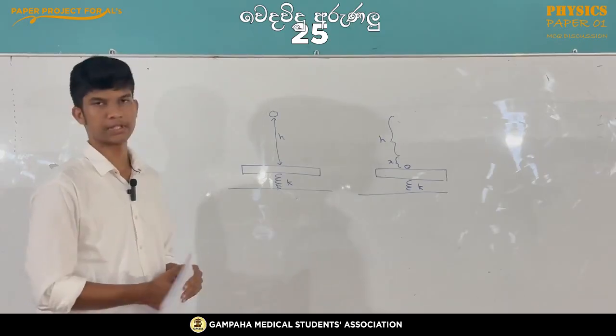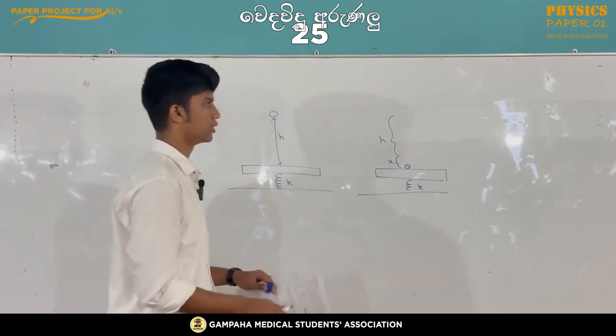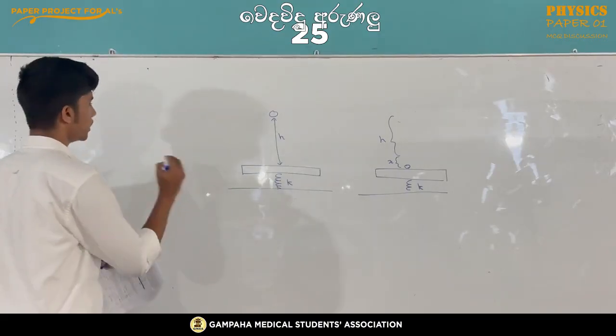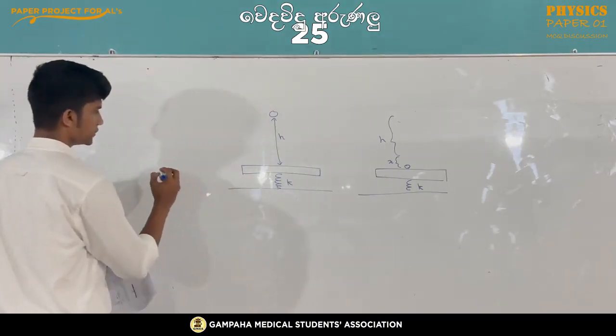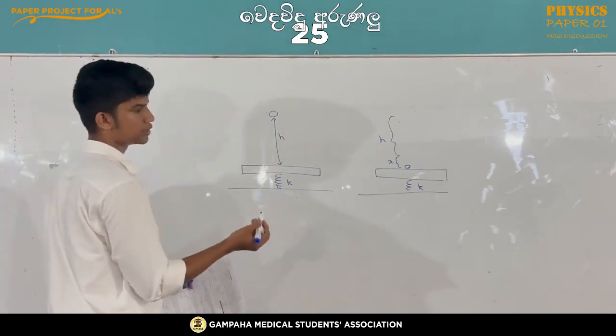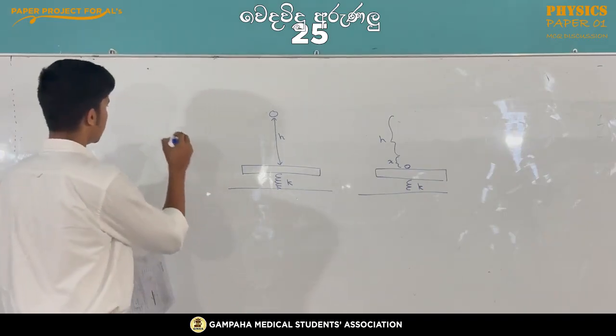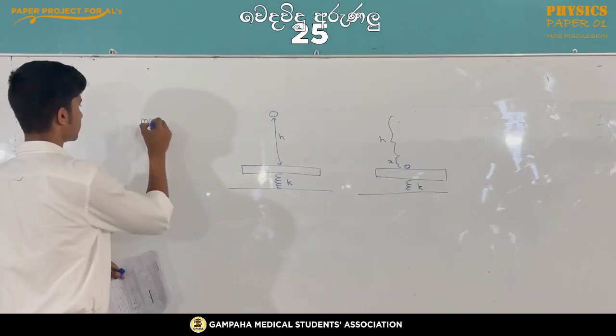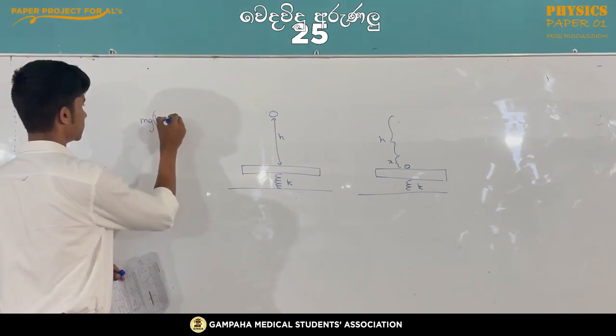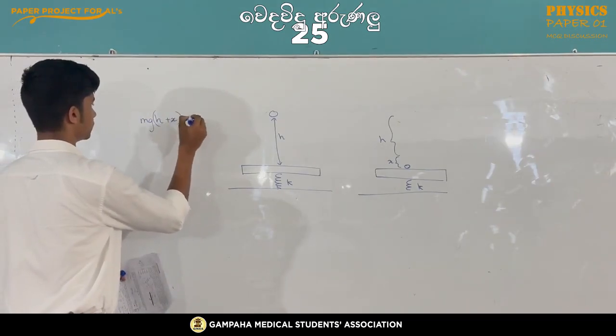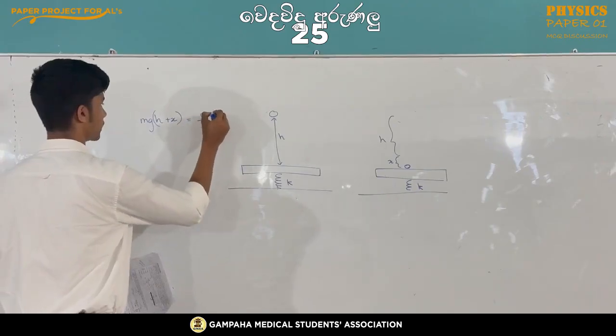So we can apply the law of conservation of energy. The initial energy should be equal to, the change in potential energy should be equal to the elastic energy stored within the spring. So we can apply mg(h plus x) should be equal to half kx squared.